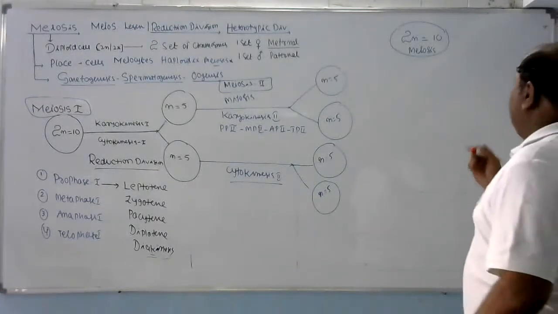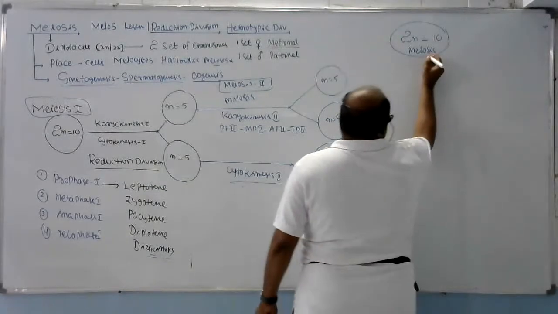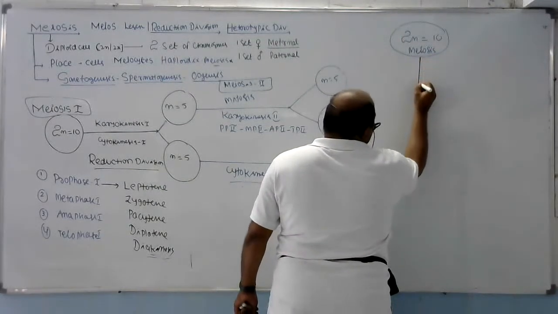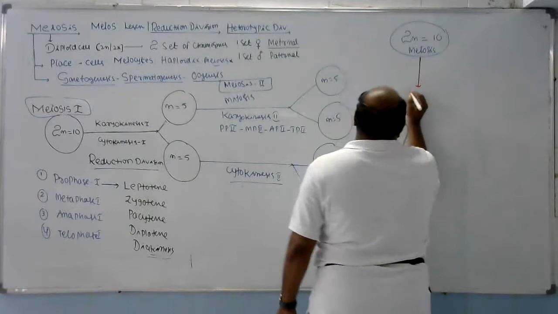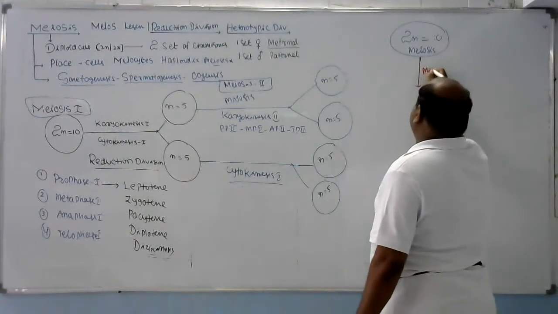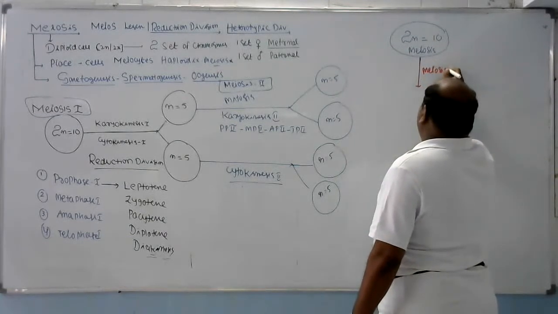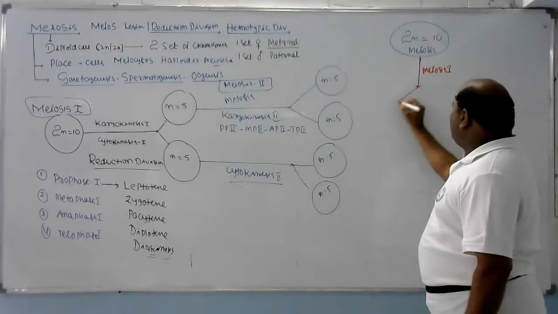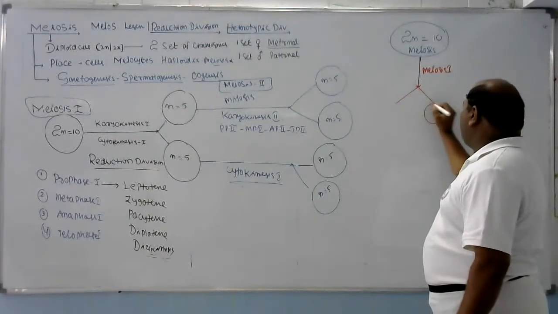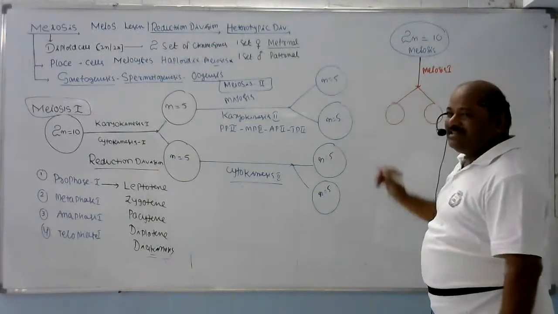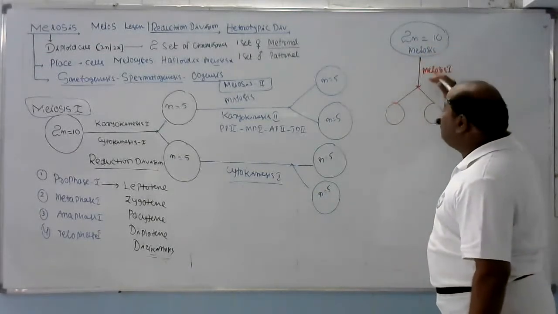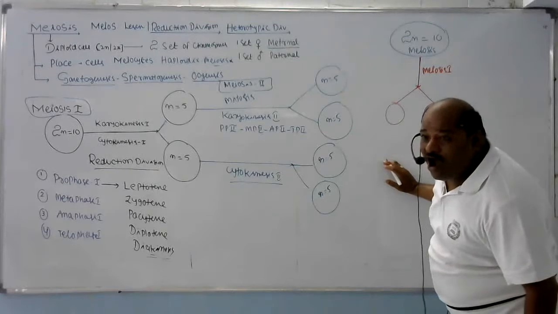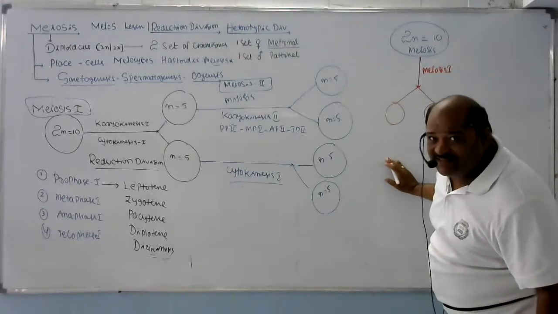The diploid cell undergoes the first process, meiosis 1. When meiosis 1 is completed, 2 cells are formed and their chromosome number is reduced to half. How it becomes half, we will discuss.